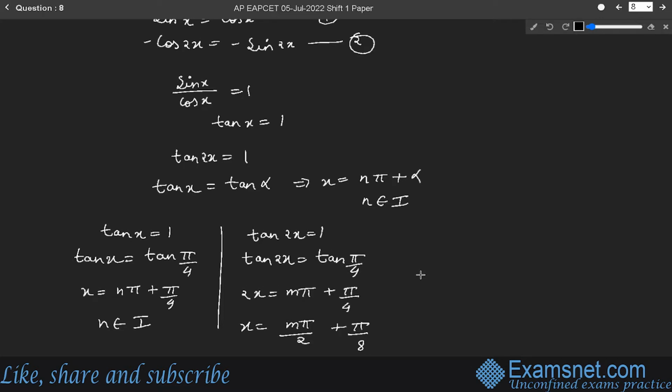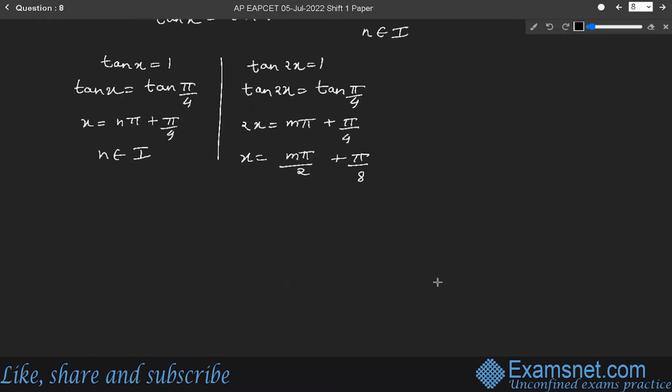Now we have both these values. One value is from tan x equal to 1 and the other value is from tan 2x equal to 1. Both these values should be equal. It means that n pi plus pi by 4 should be equal to m pi by 2 plus pi by 8, where m and n are integers. Taking pi common, n minus m by 2 is equal to minus 1 by 8.